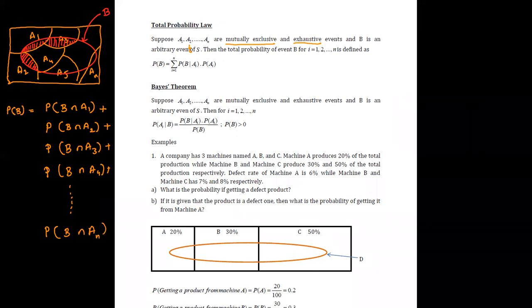If I color these intersected parts, this is for A4, here it is for A5, and this part is for AN. Therefore, you can see that the total probability of the event B is obtained by summing up the intersections of these small intersected areas.